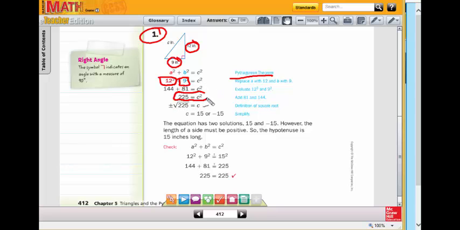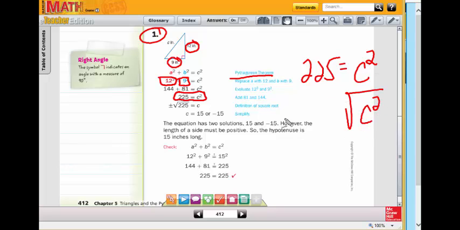So now here's where you need to remember your algebra rules from earlier. Remember, if we know that a number, I'll write it over here, 225 equals the square of a variable, we can take the square root of that variable squared and the square root of the other side, 225, and we would find that the square root of c squared, of course, is c, and the square root of 225 is 15.